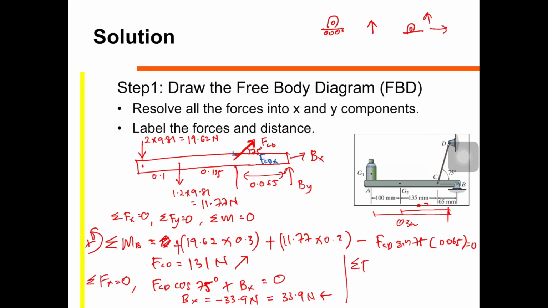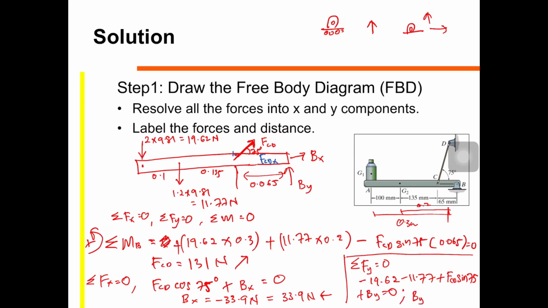So for the summation of Fy equals to 0, you have minus 19.62 minus 11.77 plus FCD sine 75 plus By equals to 0.